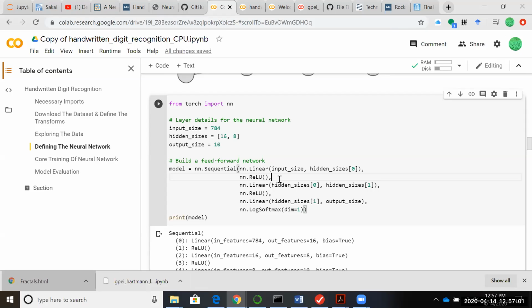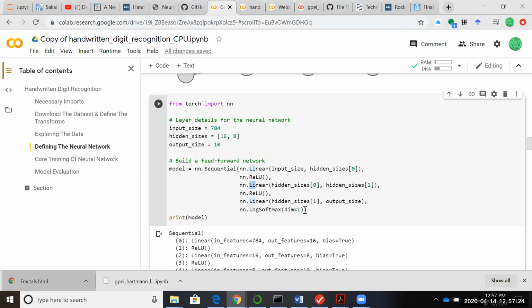So from input to the first layer, and then from the first layer to the second layer. The first layer in this case will be 16, and then go to 8, and then again the model uses a ReLU. And then from the second hidden layer to the output size.